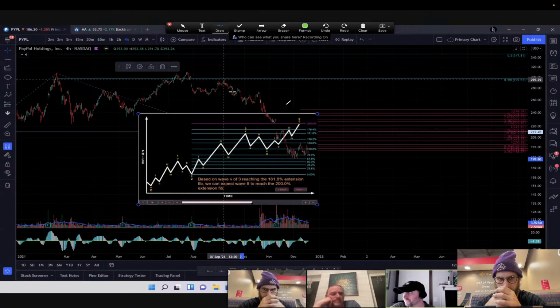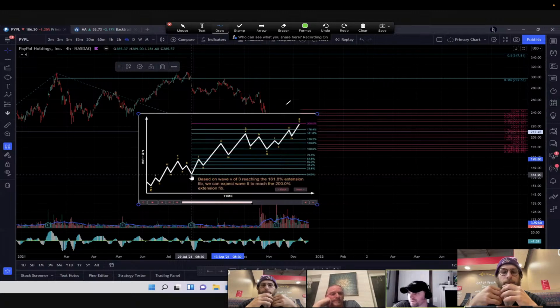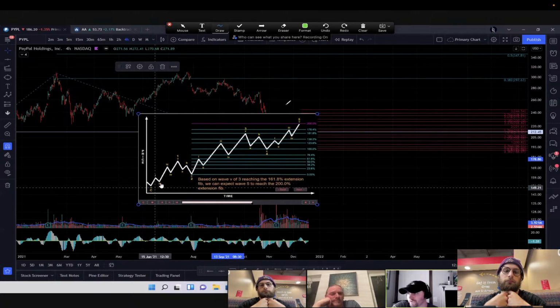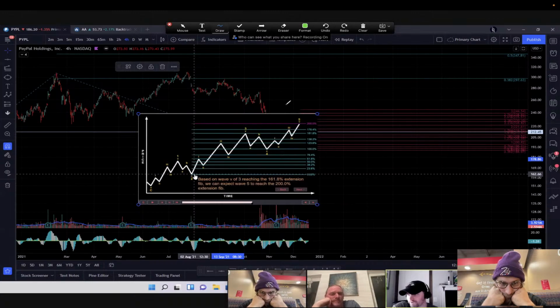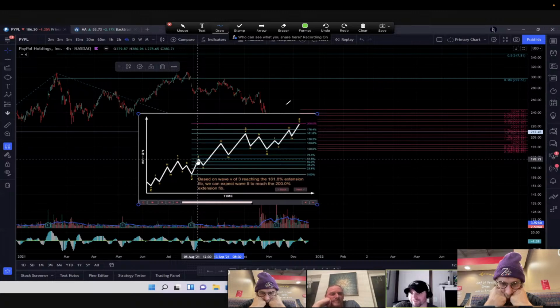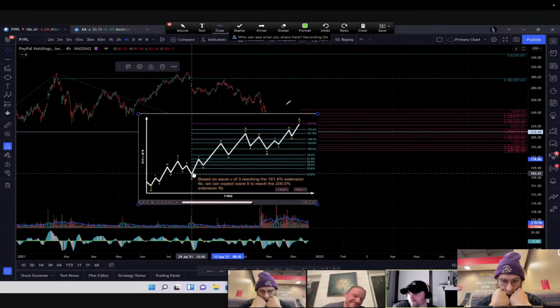Macro, we just finished the 1, 2, the big one in blue. Now we're looking for just the first 5 waves and a pullback to get our 1, 2 here, to start our 1, 2, 3, 4, 5. This is where it gets really fractal. If PayPal is correct, we're starting right here, right now, starting wave 3.